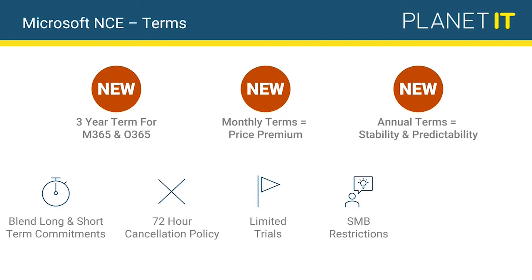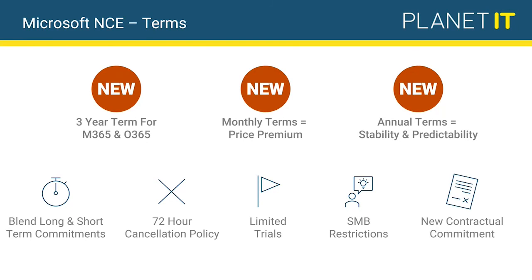Once you've added 300 users that are licensed to your system, the SMB products will no longer be applicable, and all users must be on an enterprise level license. Now, this is something that was always the case. Microsoft led with this, it should be, but now the technical restrictions will be in place to enforce that, because that's what you should be licensing to. And Microsoft wants you to be doing that correctly.